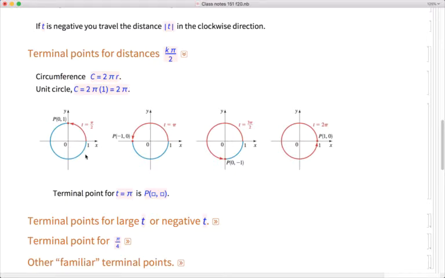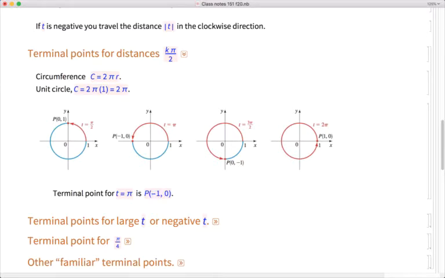So let's do pi first. If we travel a distance of pi along the circumference, we get exactly halfway around the unit circle, and so the terminal point for pi is (-1, 0).